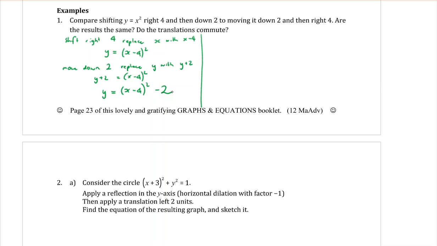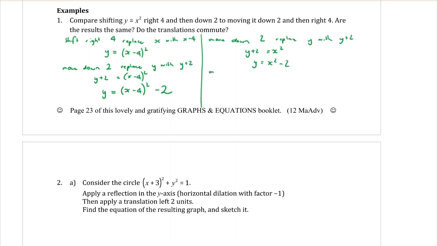Let's now reverse the order and see if we get the same thing. So reversing the order, starting from the y equals x squared graph again, means that we're going to move down 2 first. So we're going to replace the y with y plus 2 as the first step. So that's going to be y plus 2 equals x squared, and subtract the 2 across to the other side. So x squared minus 2.